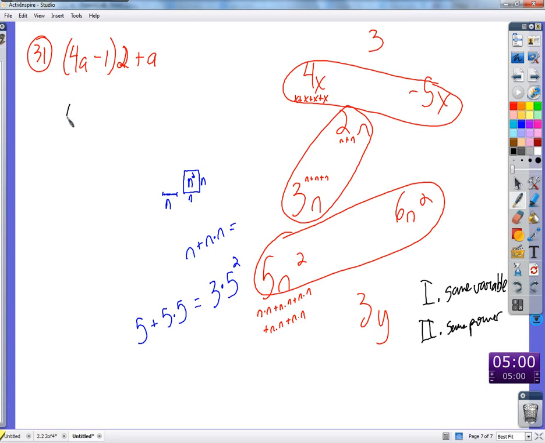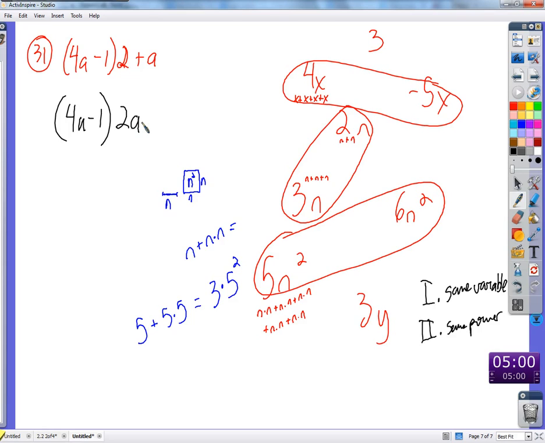Another common one I saw was this got left alone, and then this became 2 times a. What's wrong with that? If it's wrong, this must be different from that. Is this different from that?